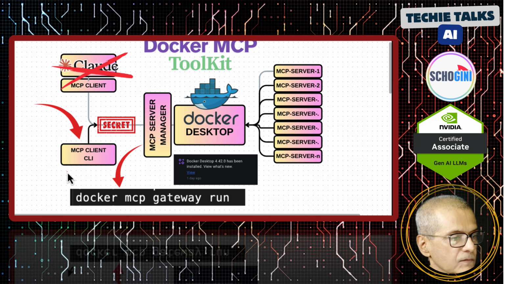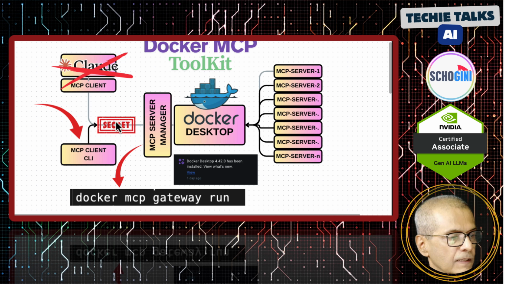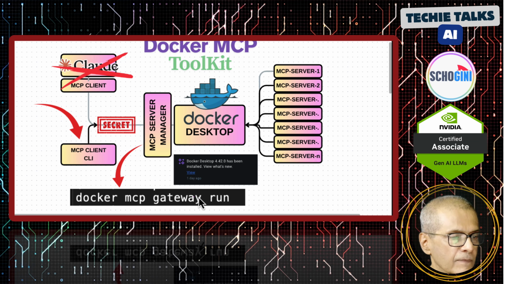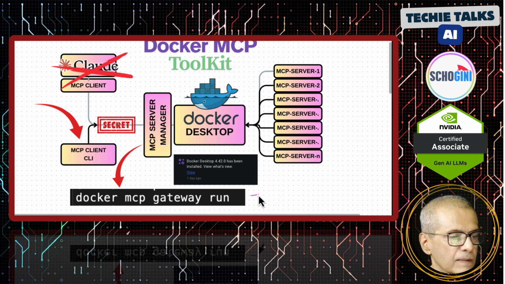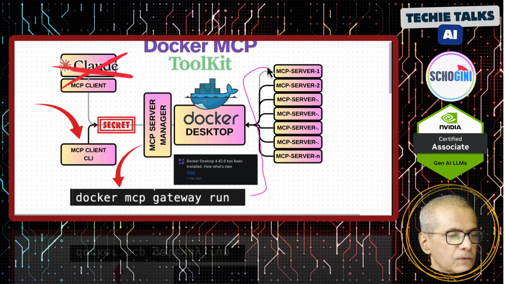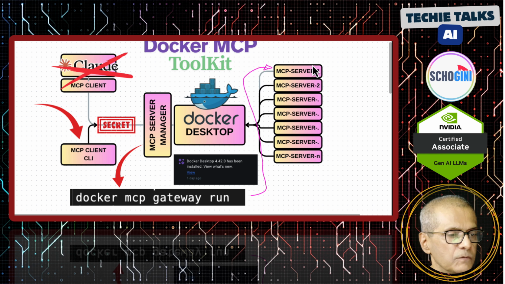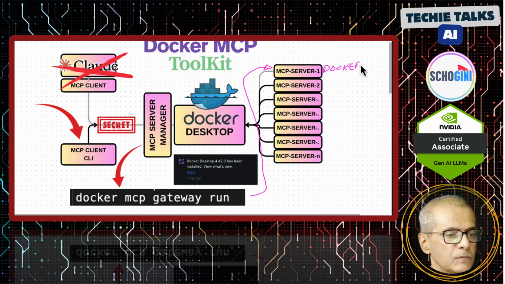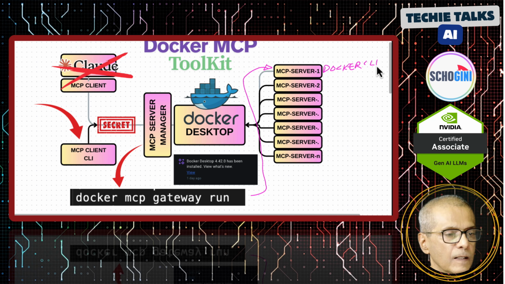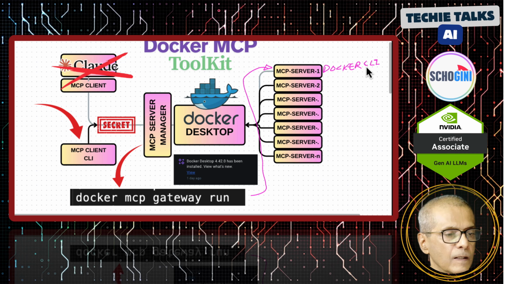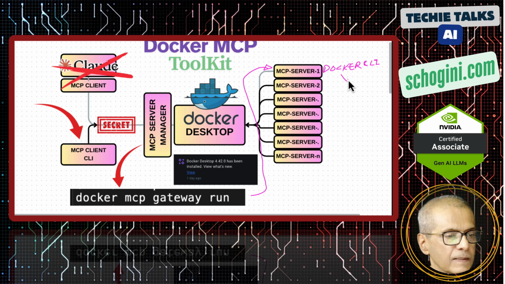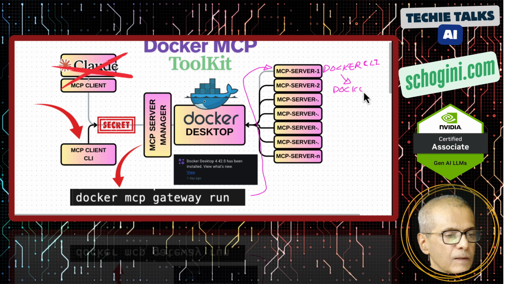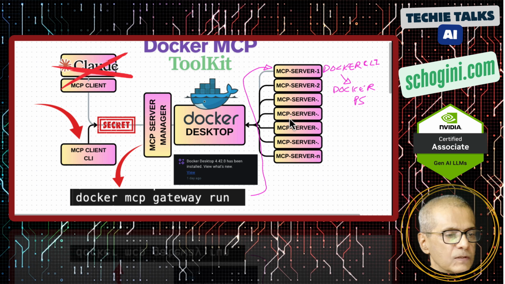The docker ps command goes from here to this MCP server manager, to this MCP gateway run, and then it sends that command to this MCP server, which is a Docker CLI MCP server, and there we execute the docker ps command.